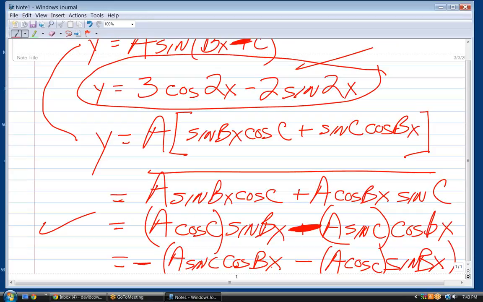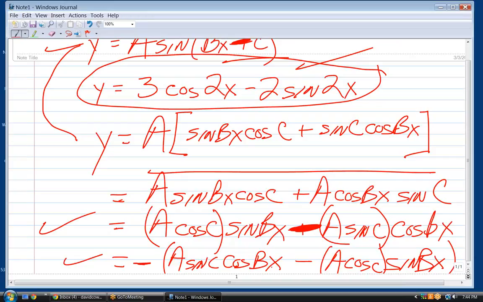I want to switch these two things because the formula they gave us, the cosine of 2x, is the first thing. So I've taken my standard formula, bx minus c, and turned it into what you see on the bottom.